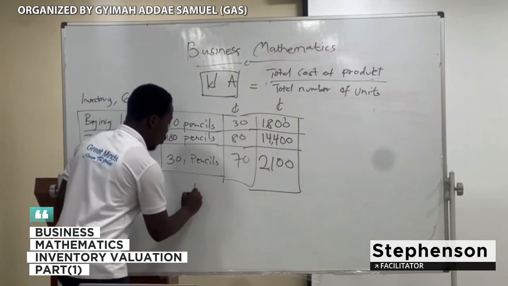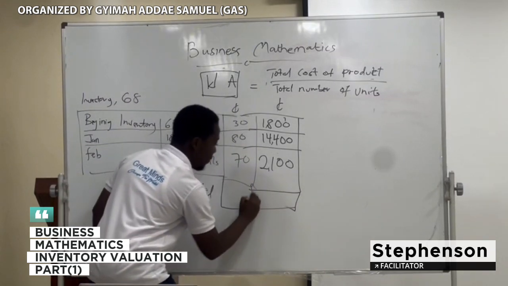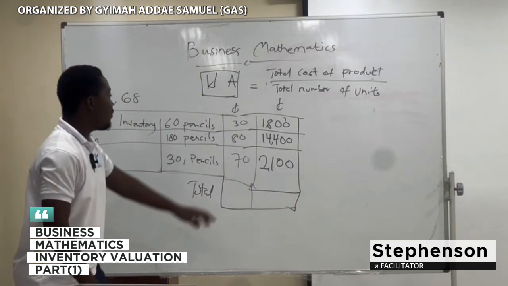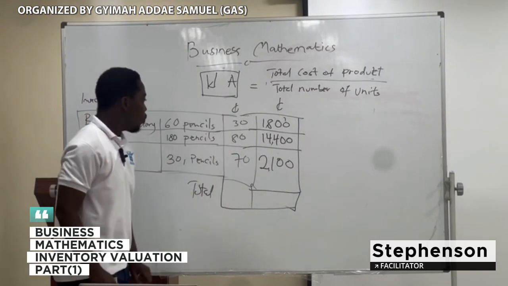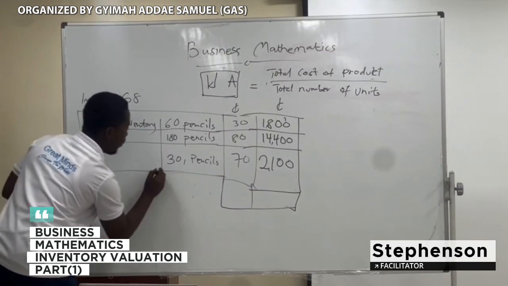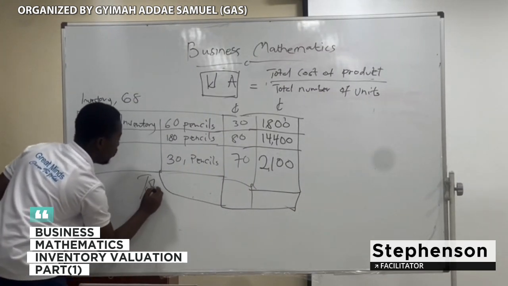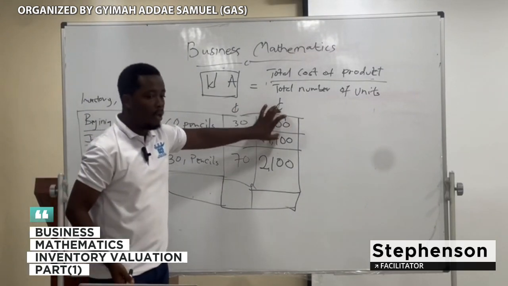Okay, so total. Let's first sum our units. This is in units, and this is in monetary terms.